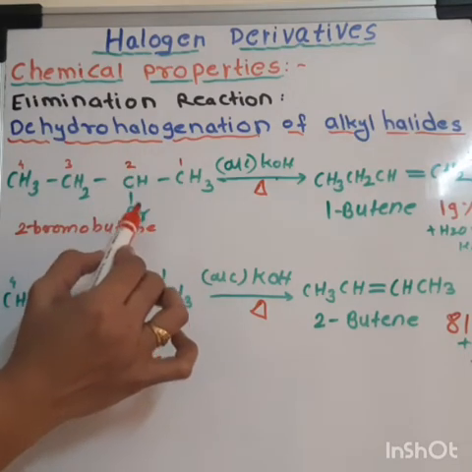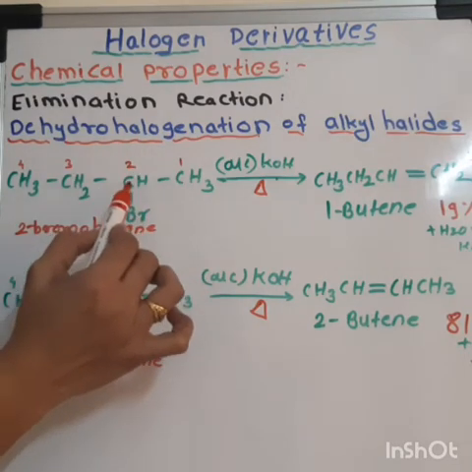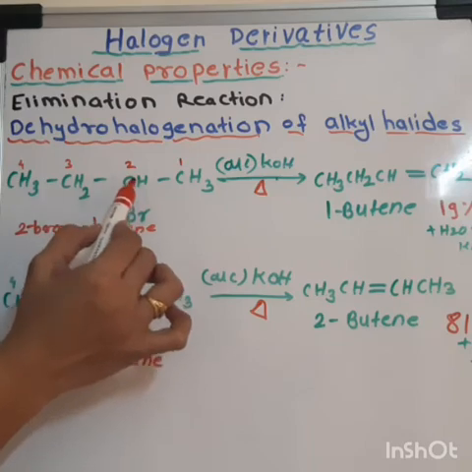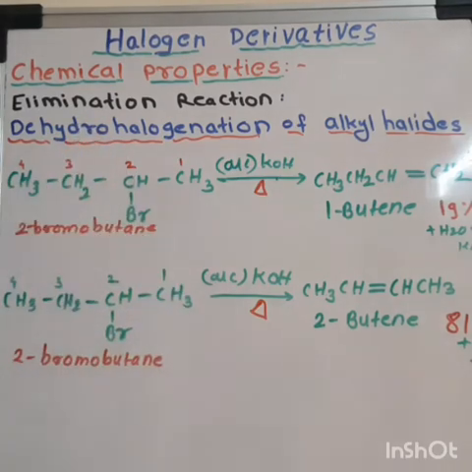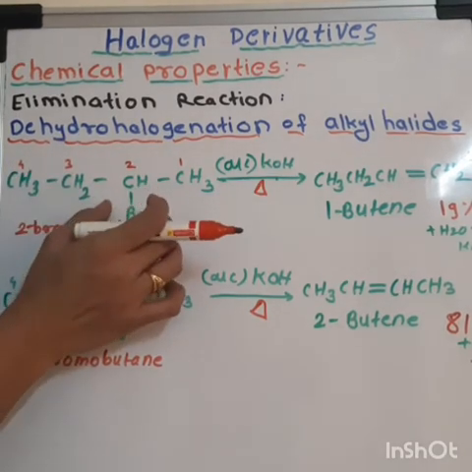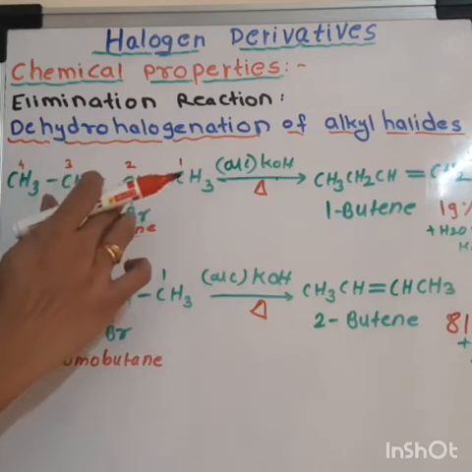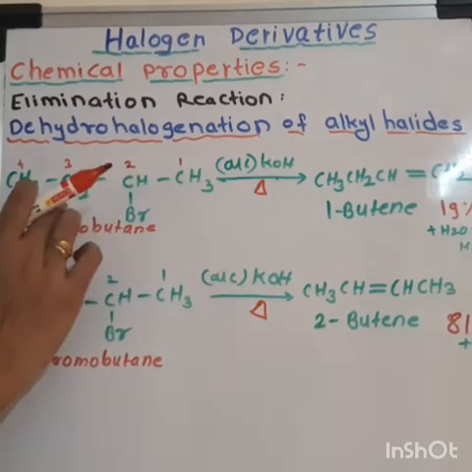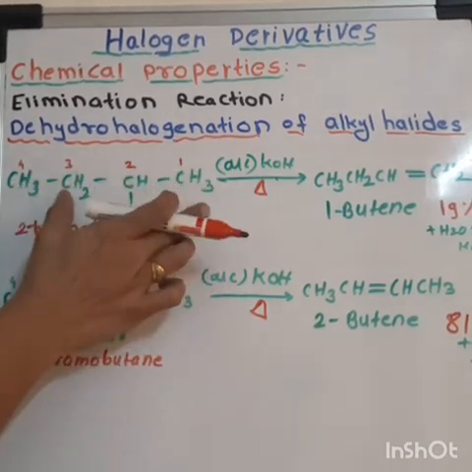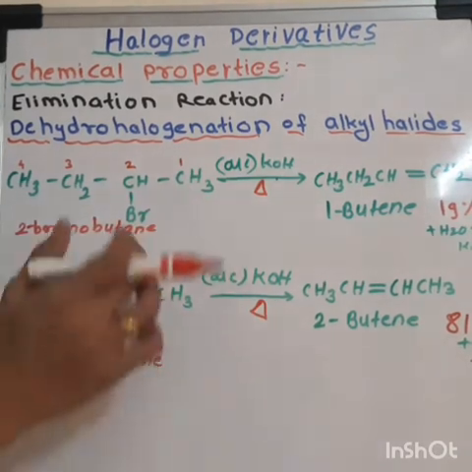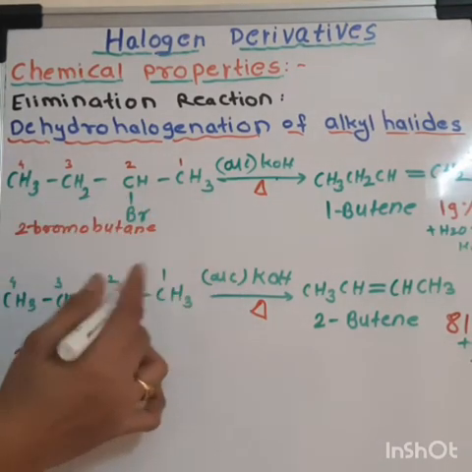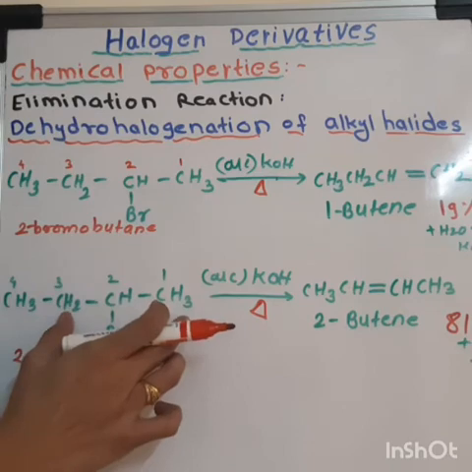The halogen atom is attached to the second carbon atom in this 2-bromobutane. So it has 2 beta carbon atoms, which means it has two types of beta hydrogen atoms.